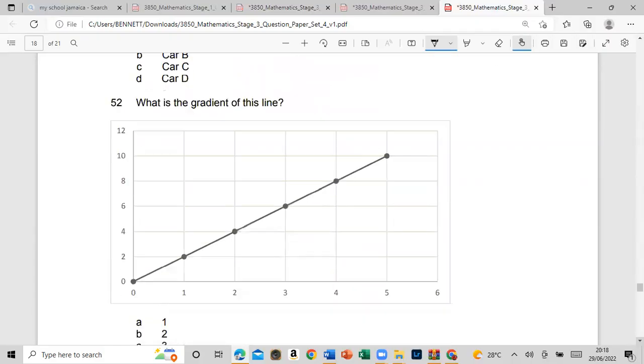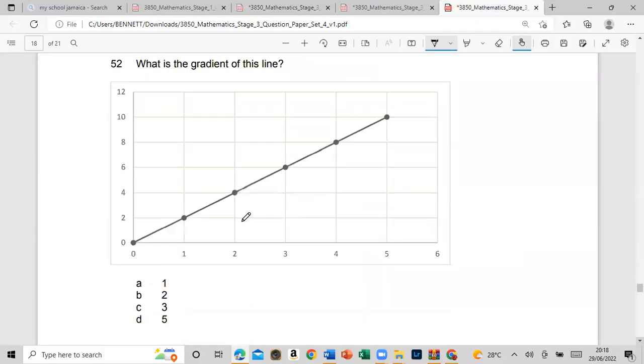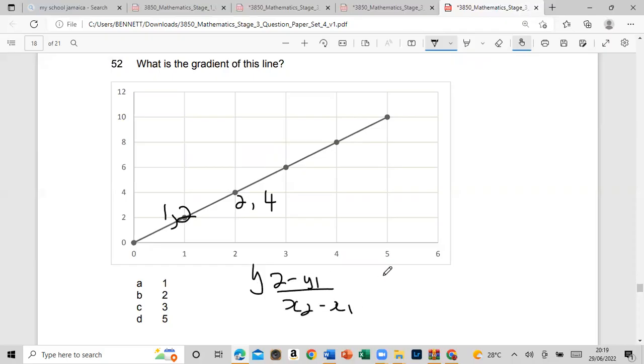What is the gradient of the line? I can use numbers. We use a point here, 1, 2, and 2, 4. So that'll be y2 minus y1, so 4 minus 2, over x2 minus x1, so 2 minus 1.